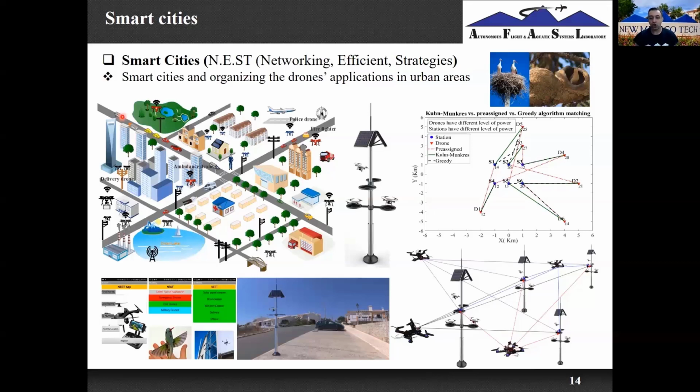What are the opportunities that we can deploy the drones for different types of applications? Imagine a police car is chasing a car in the downtown of the city, stuck in traffic. They can deploy and send a drone for chasing that car.